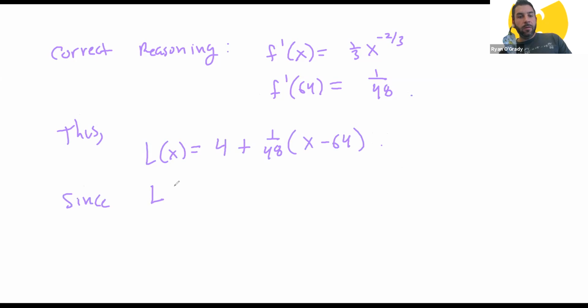Since L of 65 is approximately the cubed root of 65, we can reason that this is 4 plus 1/48. Now, if I plug 65 in there, that's just times 1.